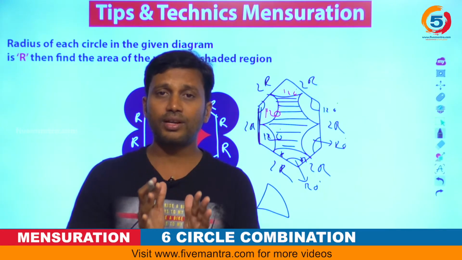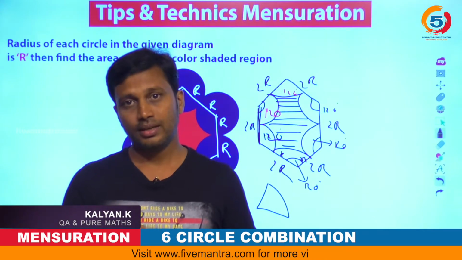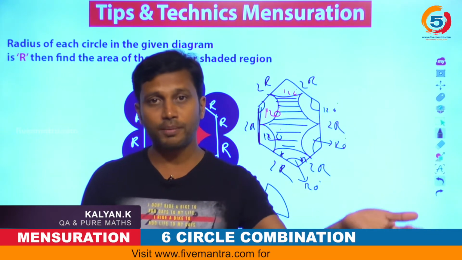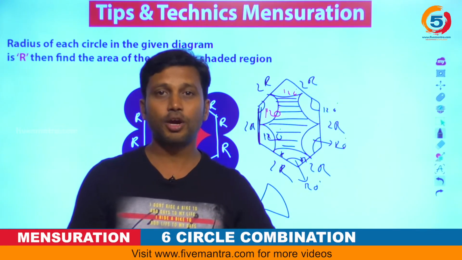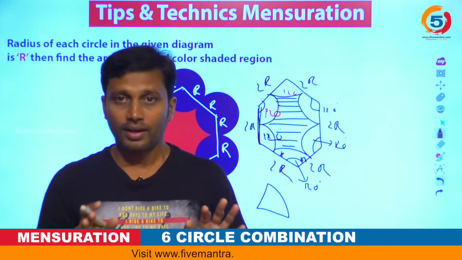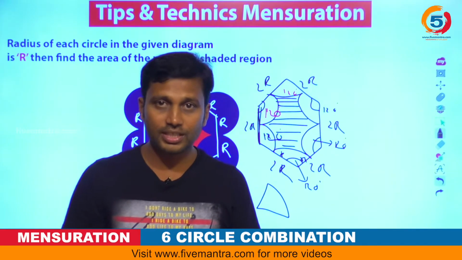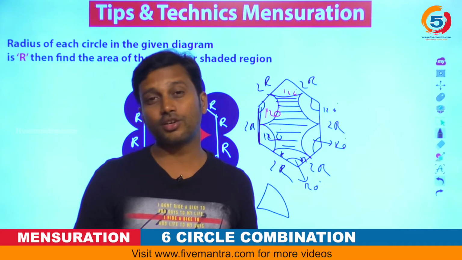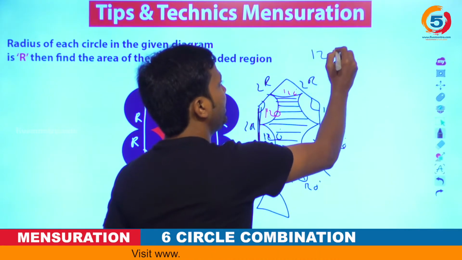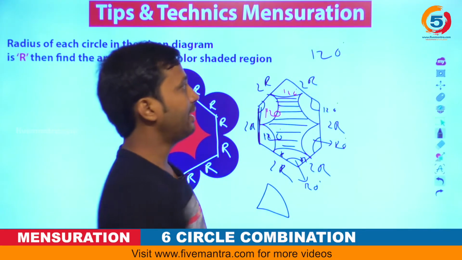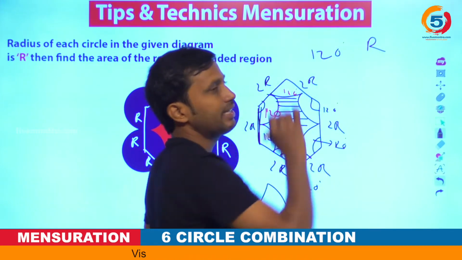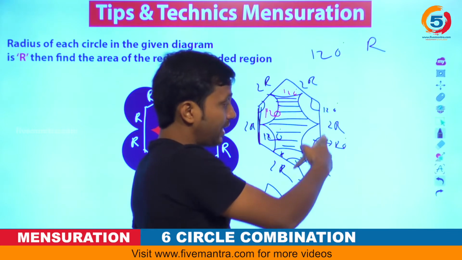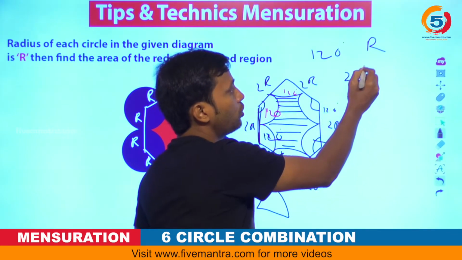All the regular hexagon angles are 120 degrees. How, I don't tell you, because that comes from geometry. If I explain that, the topic will deviate. So consider for doing this problem that each angle in the regular hexagon is 120 degrees, the radius of each sector is capital R, and each side of the regular hexagon is 2R.